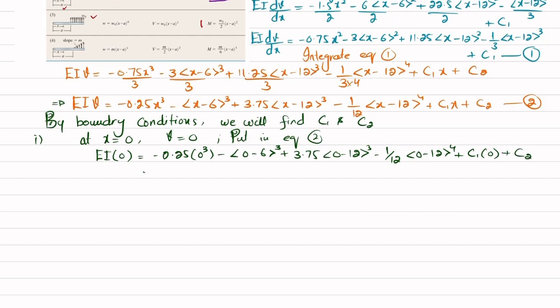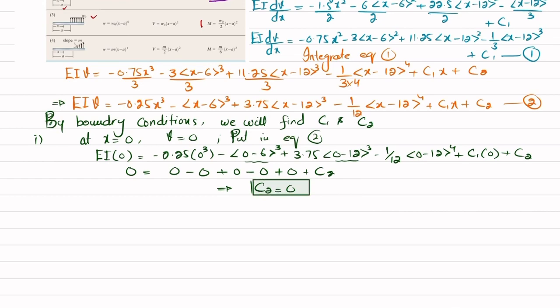So you can see this will give you 0, and this will be minus 6. Anything inside the Macaulay bracket that is negative will be considered as 0. So minus 0 plus this term will also be 0, because minus 12 in the Macaulay bracket will be 0. This will also be 0. C1 into 0 is 0 plus C2, and this is equal to 0. So from here you will get C2 is equal to 0.